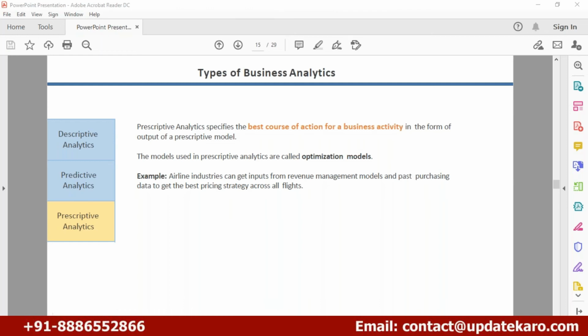Whenever your models or decisions go against these 3 points, you can say you are not taking the right decision. A right business decision will always give high revenues, high customer satisfaction, and reduced expenses. Is that clear?